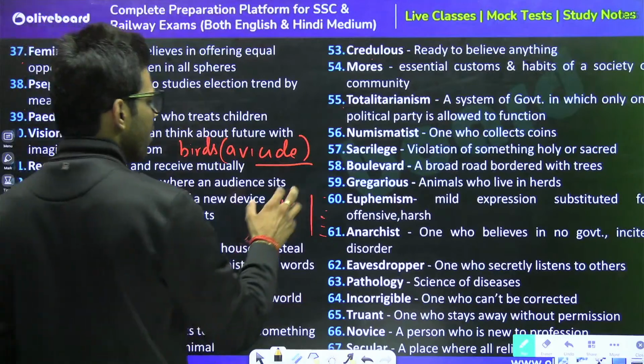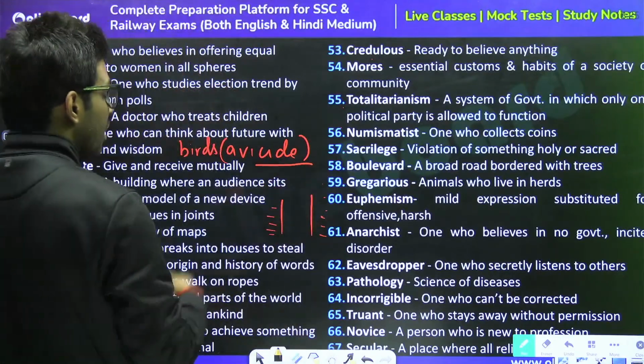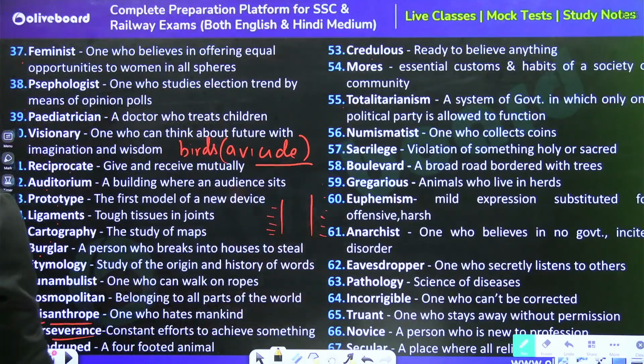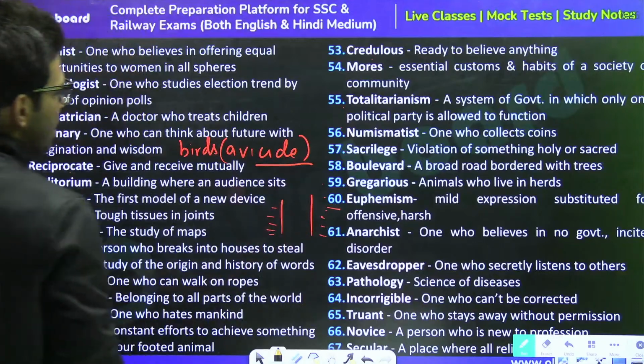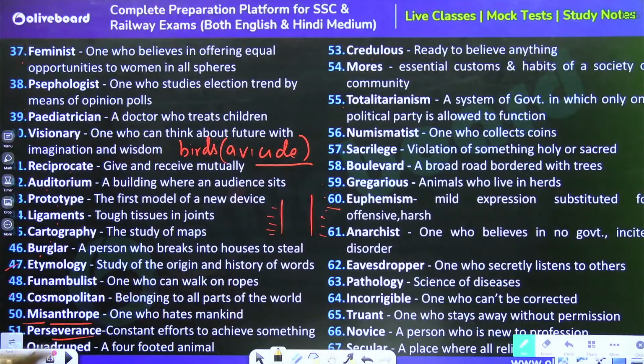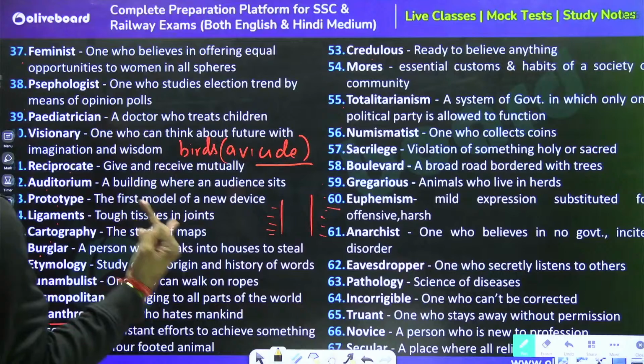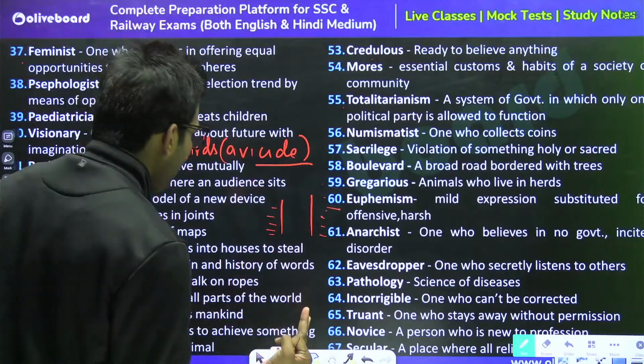Gregarious, animals who live in herd. Sociable, we can say. Euphemism, a figure of speech in English where you put polite words, simple words, cool and calm words, formal words in place of harsh, offensive, or profane words.